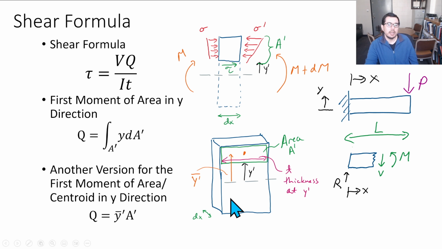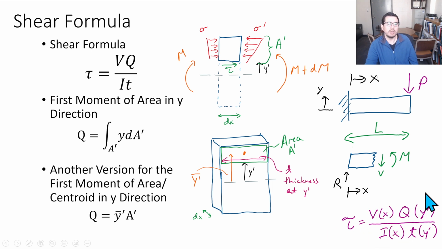What I'd like to do is rewrite the shear formula in a form that's similar to what some of the other instructors or books or online sources do, in terms of the parameters that dictate what these quantities should be.